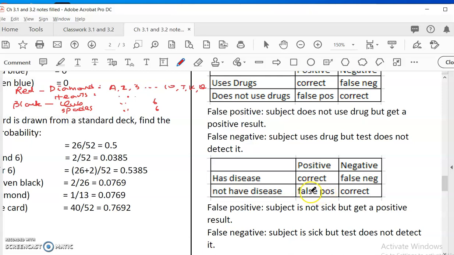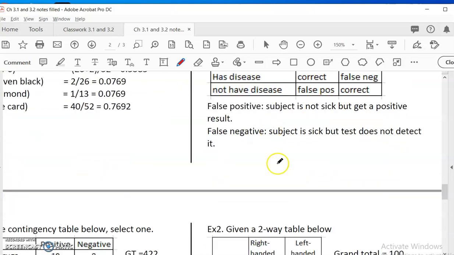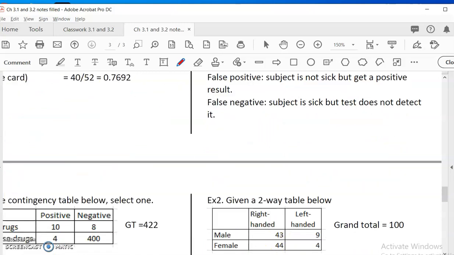That is not a big deal because you would just end up being forced into quarantine, right? But if you get a negative result and you have the disease, it's a false negative, that is very dangerous because you don't know that you have it and you'll be walking around. Whereas if you get a negative result, but you really do not have the disease, that's correct. So this is how you can interpret those terms.